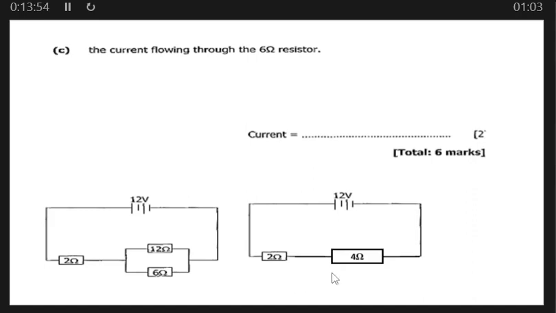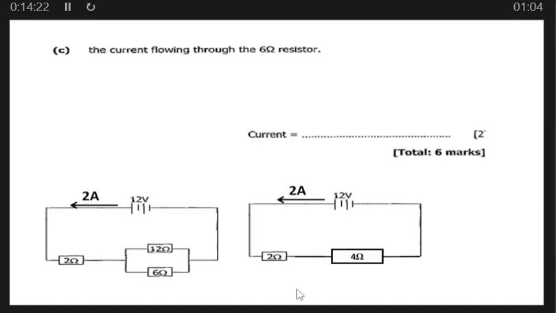So since we got 4 ohms here, that means this is our total resistance in parallel. It will enable us to calculate the voltage, since the same current which was passing and dividing here will also pass here. The current that passes together here is the 2 amps, but we don't know the one which went here.